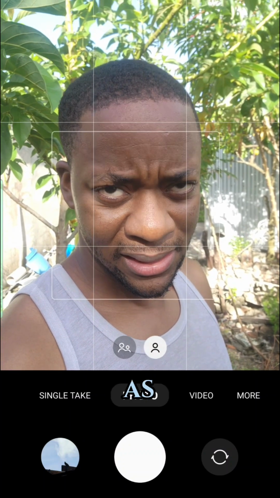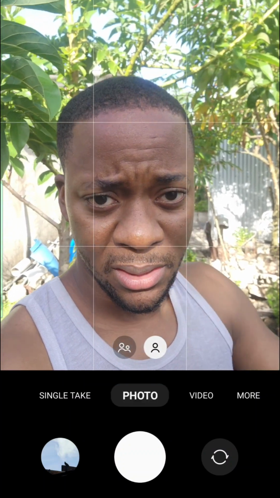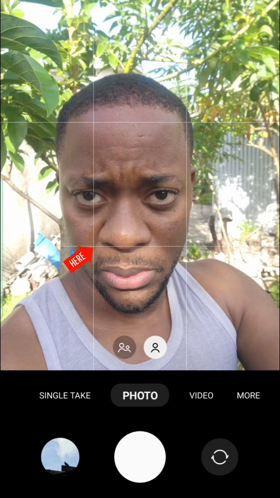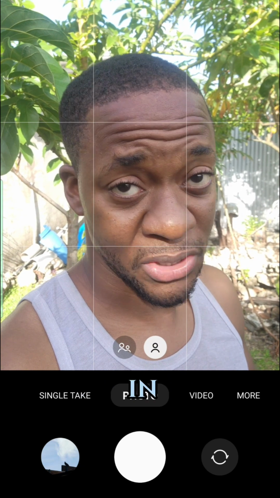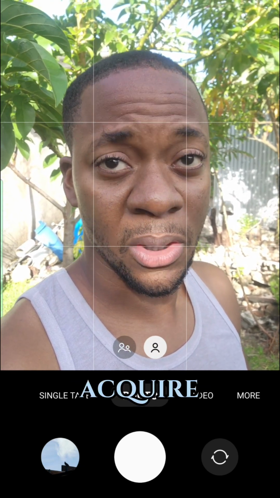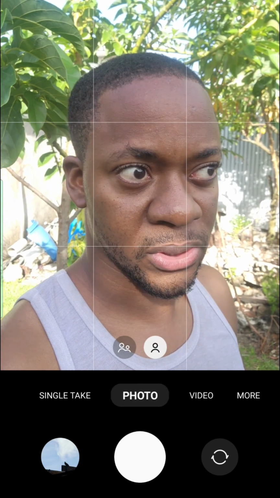It's as easy as that. Using the rule of thirds, you align the subject in the 1, 2, 3, 4 corners in the middle of the screen. In doing so, you captivate, utilize, acquire, enforce the rule of thirds.